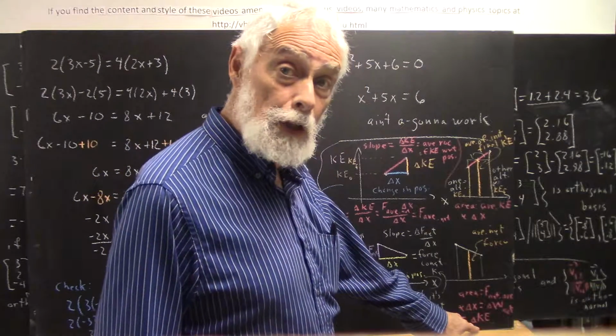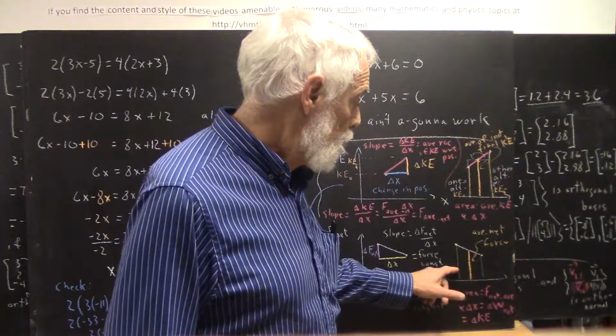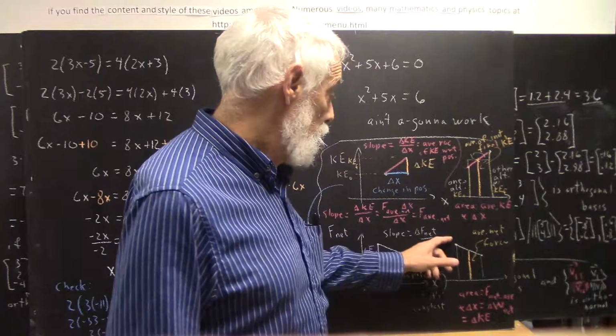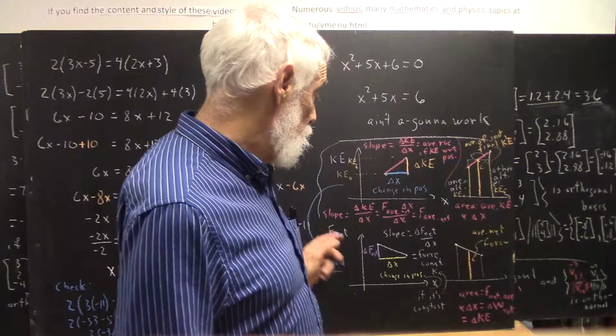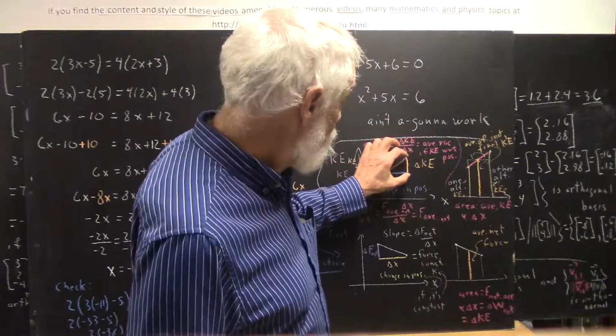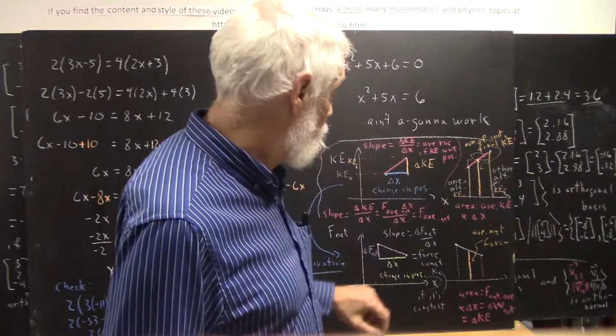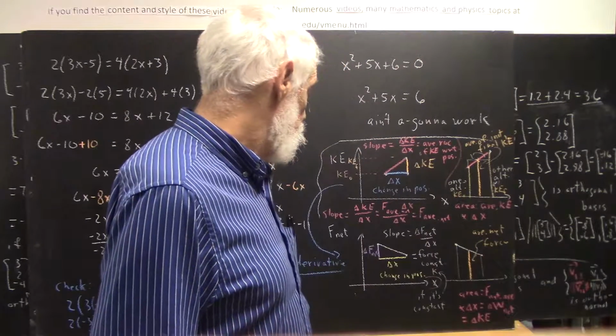And what's that? That's the change in your kinetic energy. Now, where have you seen the change in the kinetic energy? Well, the area between these 2 points on a graph of the net force versus position is the rise of this graph. It's the change in the kinetic energy.